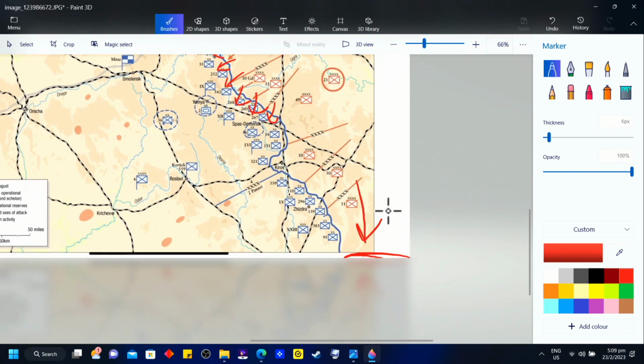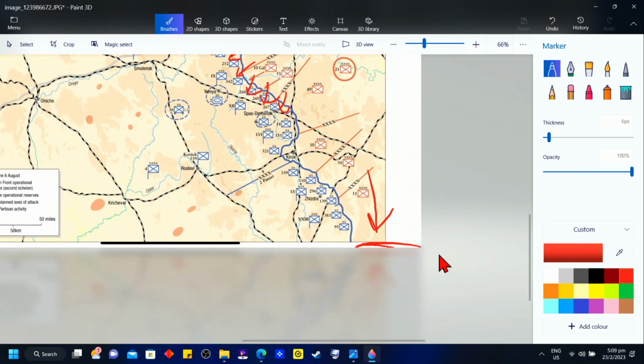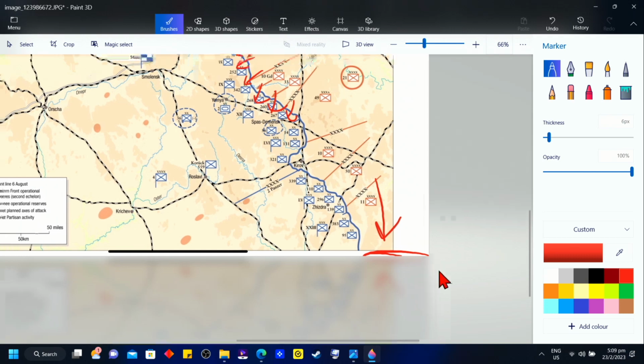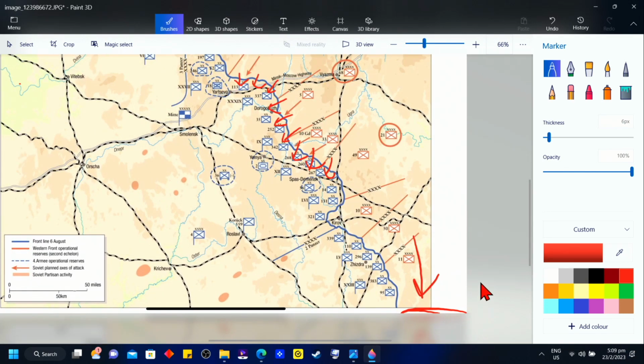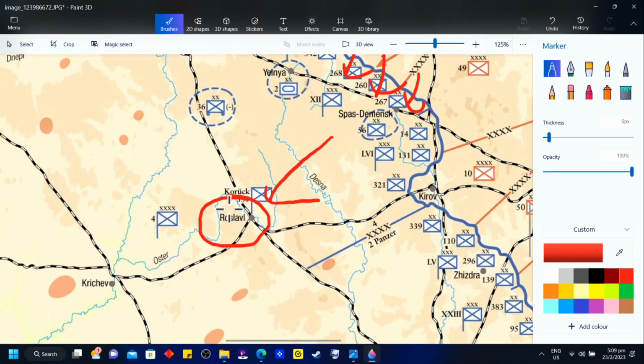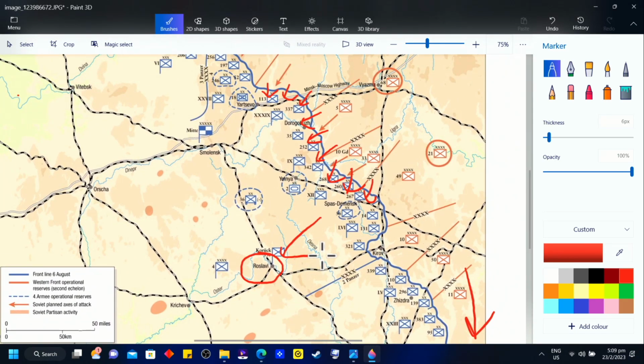Ideally, the Army Group's right flank, the 9th Army, would be destabilized by the earlier operation and in retreat before the Western Front began its push towards Roslavl. So they wanted to weaken the right flank around here, so that the push in the center towards this city of Roslavl would be easier.